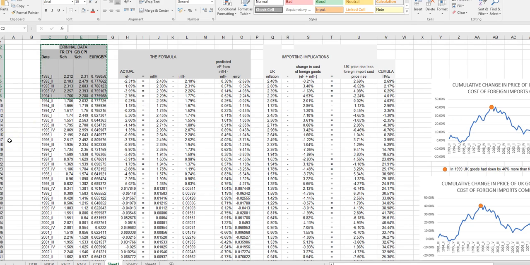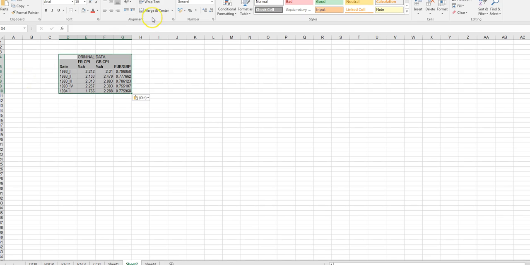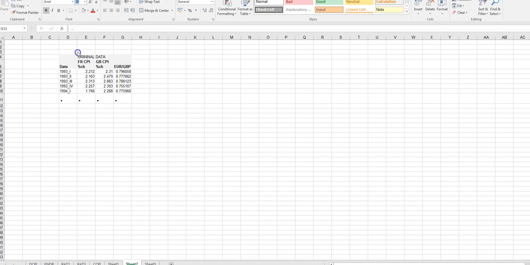So Control C has gone to another sheet, put it like that, and then we put in some dots. Try and get them a little darker and perhaps a little bigger.